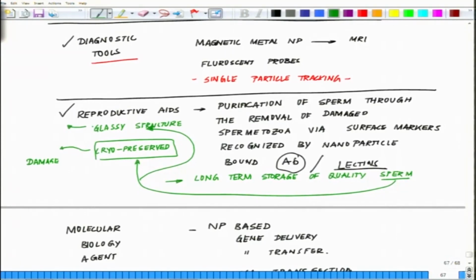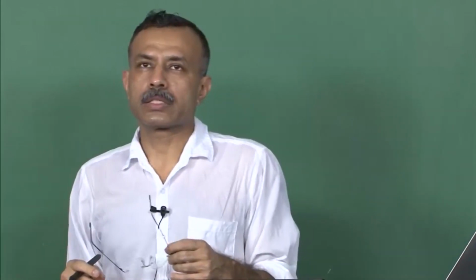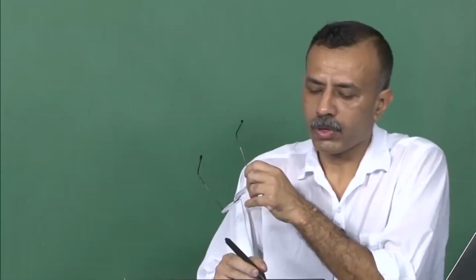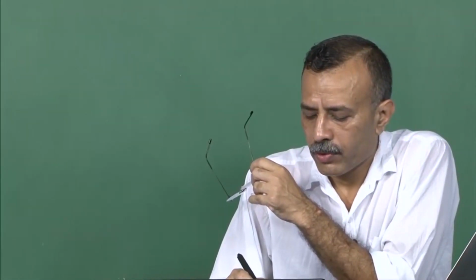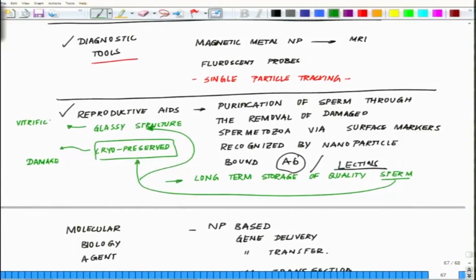You are shifting the cooling curve in such a way that ice spicules or crystals are not forming, which is called vitrification. But the whole idea is how to reduce the damage of stored sperm.